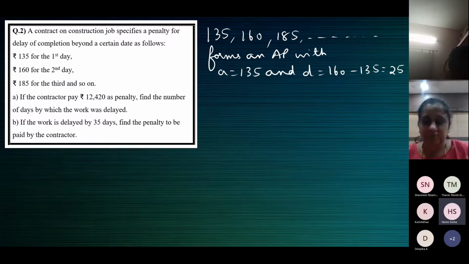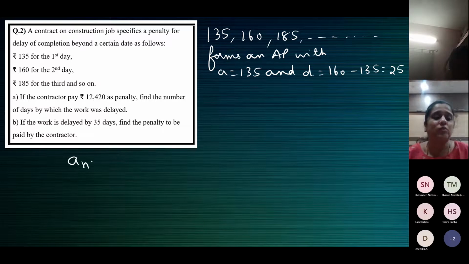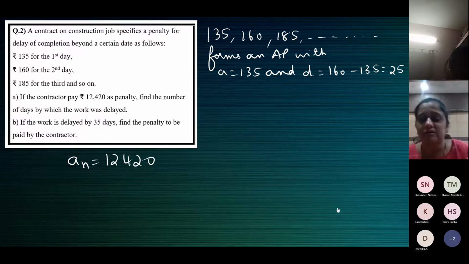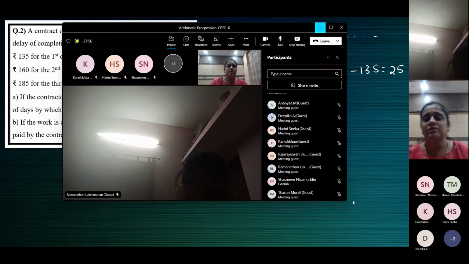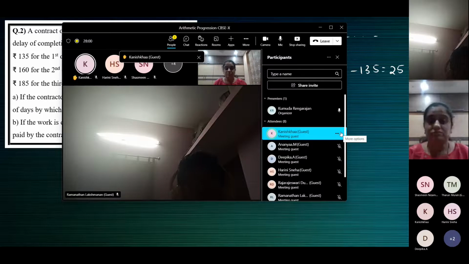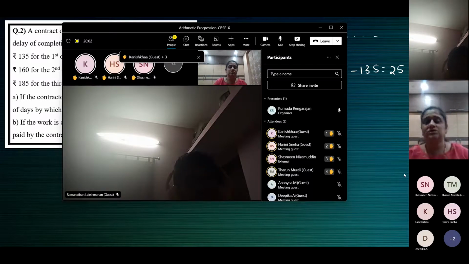AN is 12,420, ma'am. AN is equal to 12,420. All of you agree? Yes, ma'am. Those who all agree, raise your hand. Yeah, Kanishka.